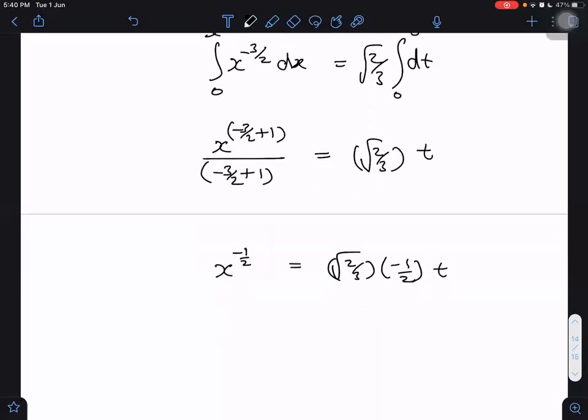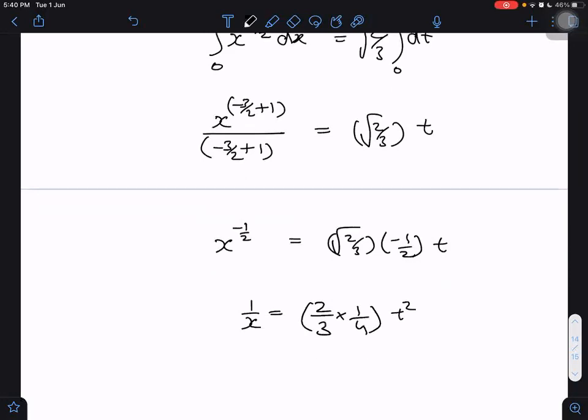Now I have to square both sides. If I square both sides, what do I get? 1 by x is 2 by 3 into 1 by 4 into t square.